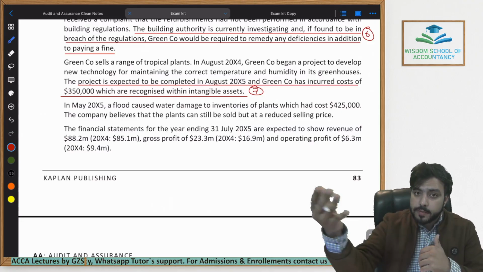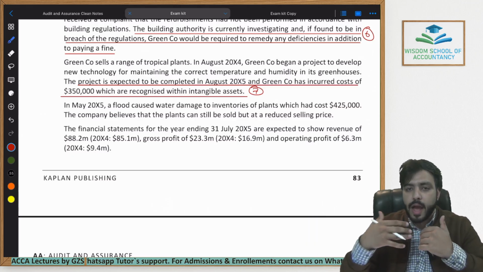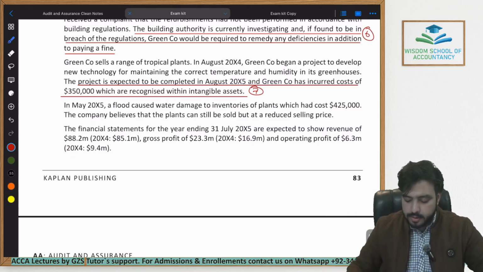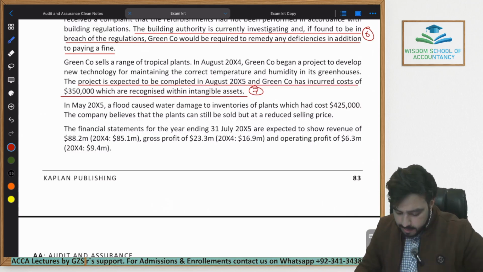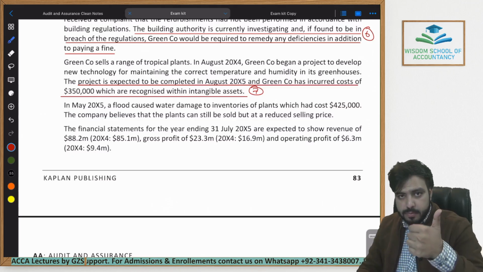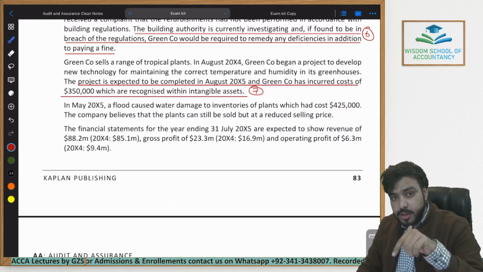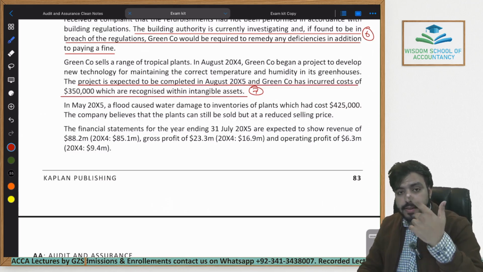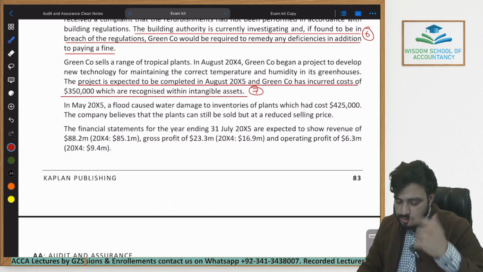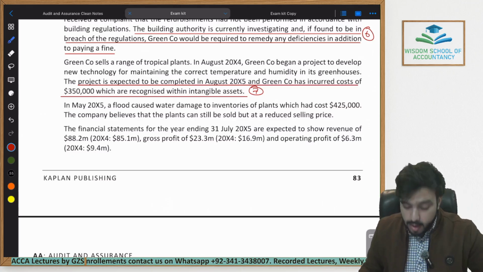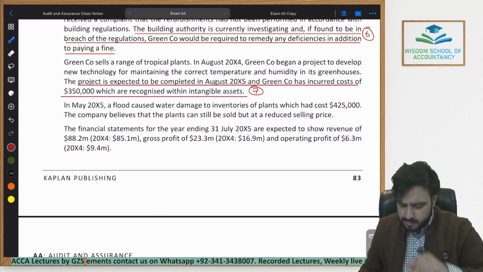We are sure that we have to pay something, but we don't know the amount and we don't know when we will have to pay it. That is the difference. For a liability, the amount is confirmed and the timing is confirmed. For a provision, the amount is not yet confirmed, and the timing of the payment is also not confirmed. Remember it for life, and also for your exam, please.